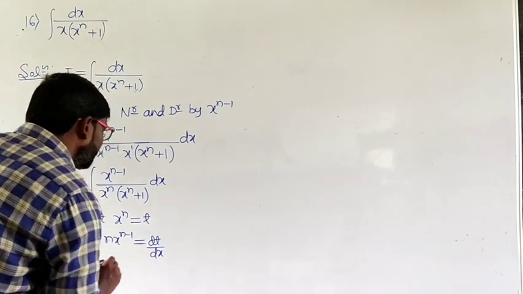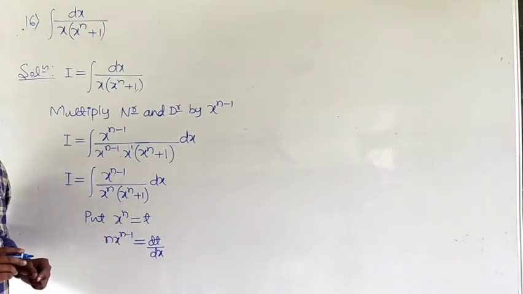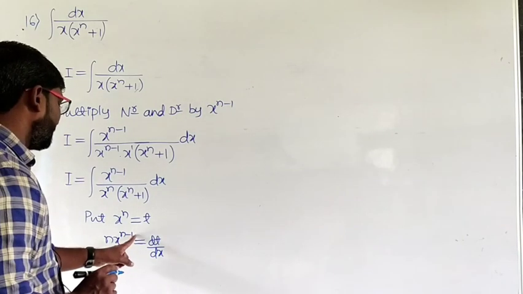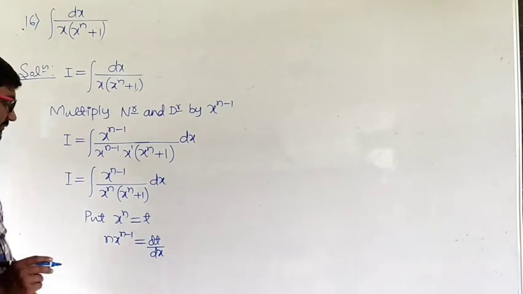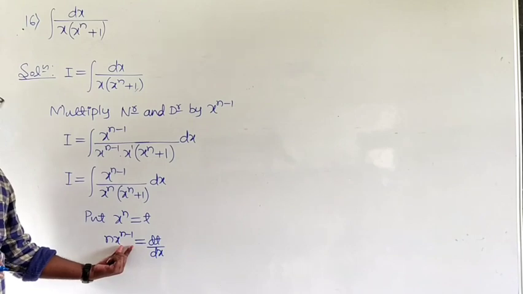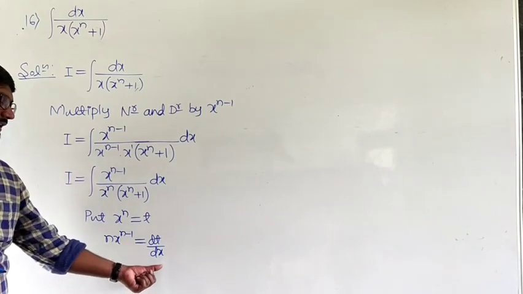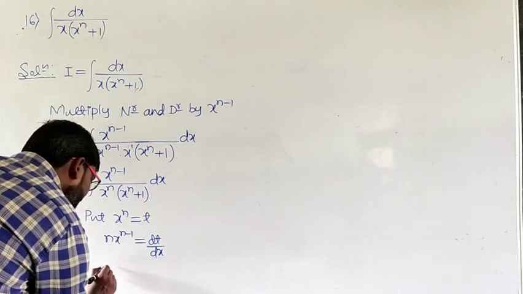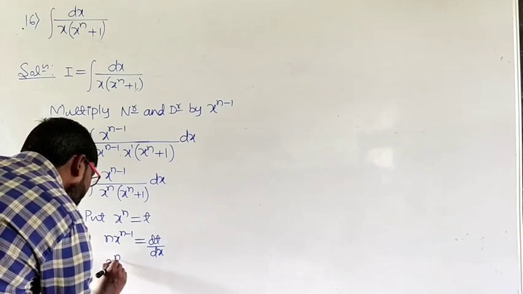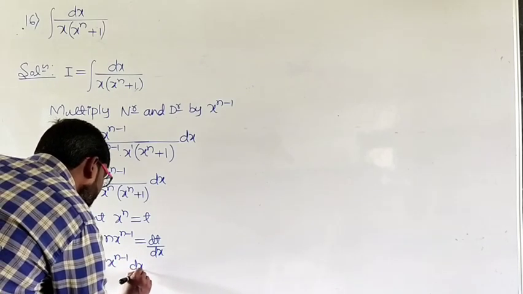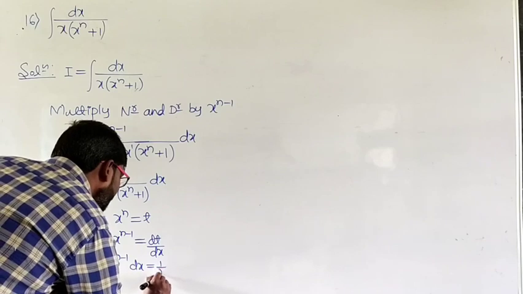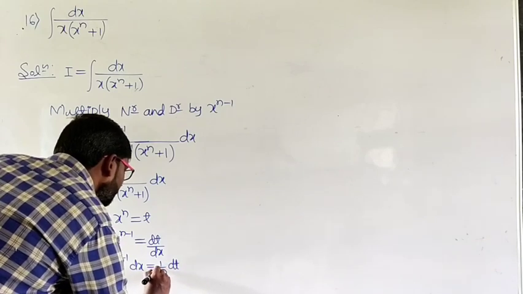So what we have done here, we are differentiating both the sides with respect to x. So now see here, now we need only x to the power n minus 1. Take n to the RHS and dx to the LHS. So x to the power n minus 1 dx which is equals to 1 by n into dt.